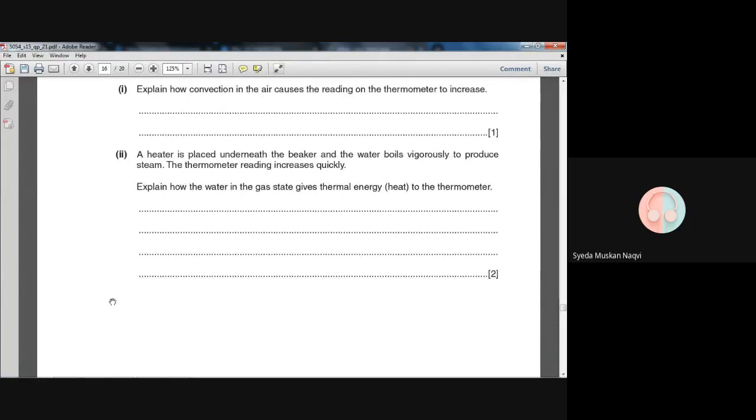Done, sir. I have written when hot air rises, it comes in contact with thermometer, making mercury in the thermometer to rise.